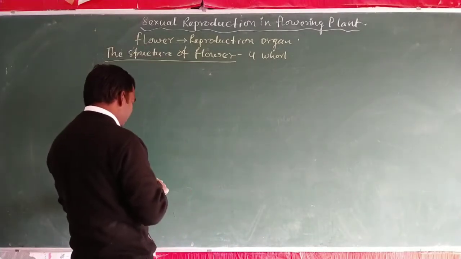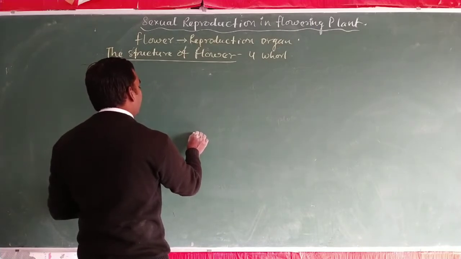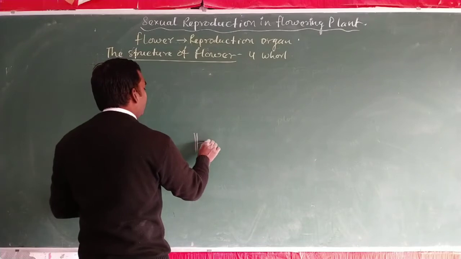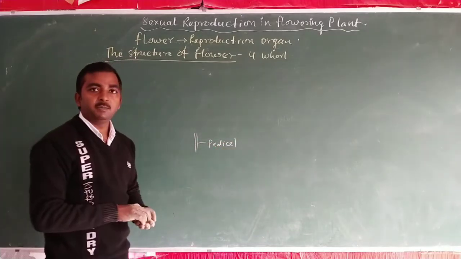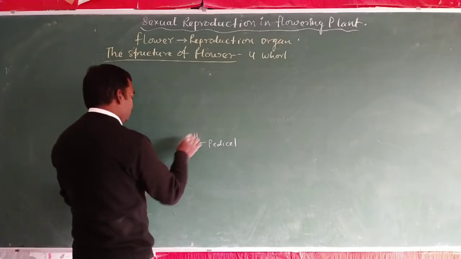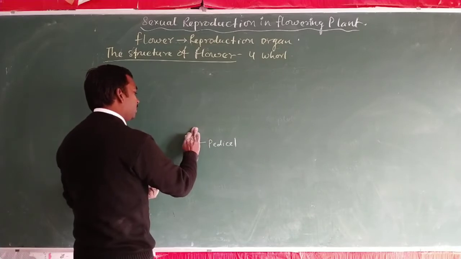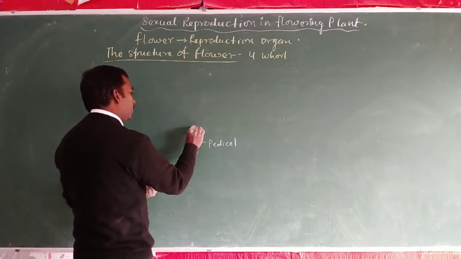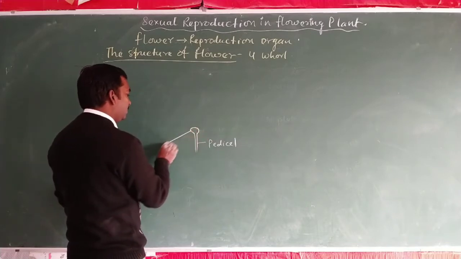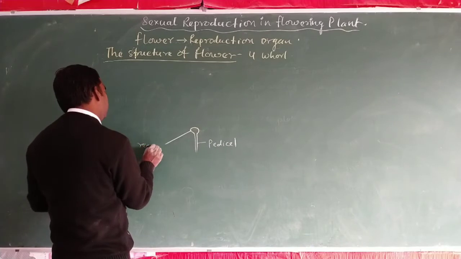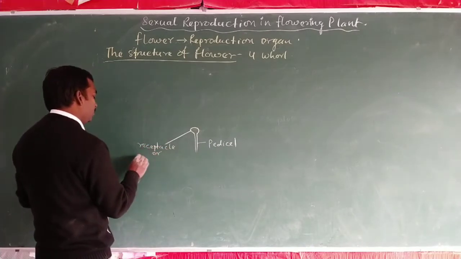The stalk of flower is known as pedicel, and the pedicel becomes swollen to form a structure called the receptacle, or it is also known as thalamus.